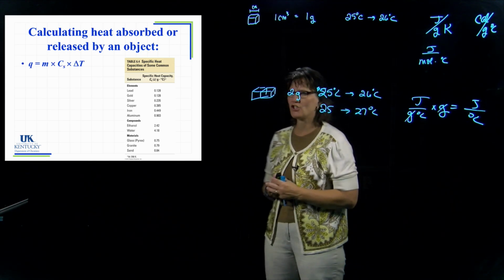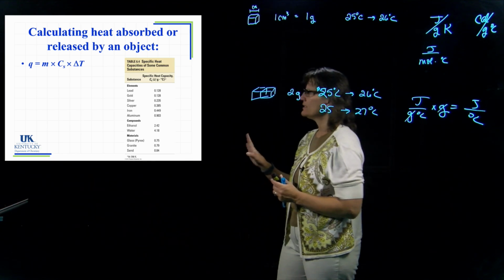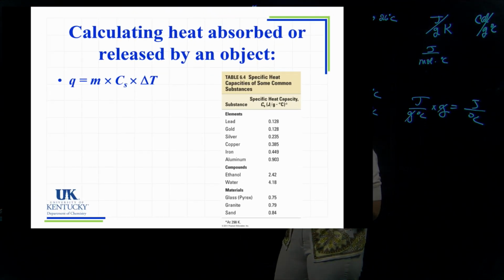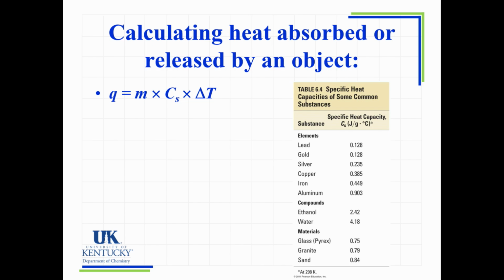Our final equation for heat is the mass of the object times the specific heat capacity of the object times how much temperature change we're putting into that object. So if I have a substance, and I undergo a change in temperature, I can now know the amount of energy in heat it takes to raise it by that temperature.